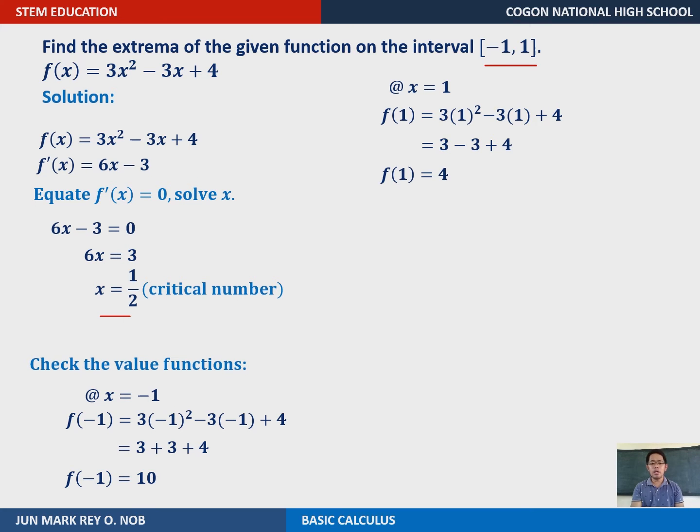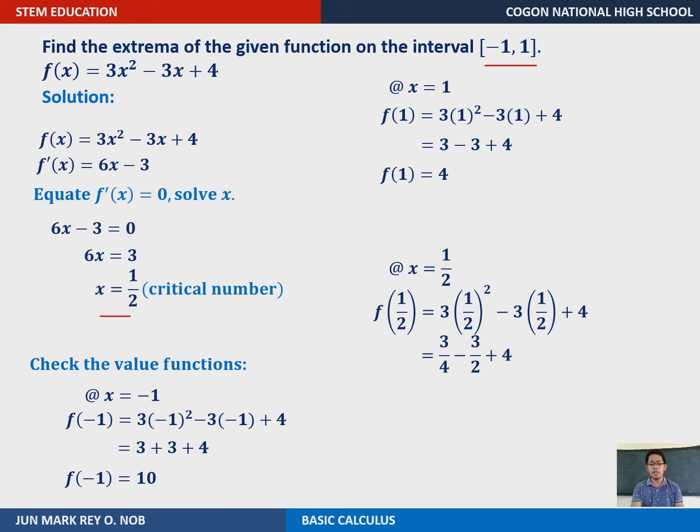This time, let's solve the value of the function at the critical number. At x = 1/2, we simplify, use PEMDAS, find the LCD, and come up with f(1/2) = 3.25. Now let's find the minimum and the maximum of these values.